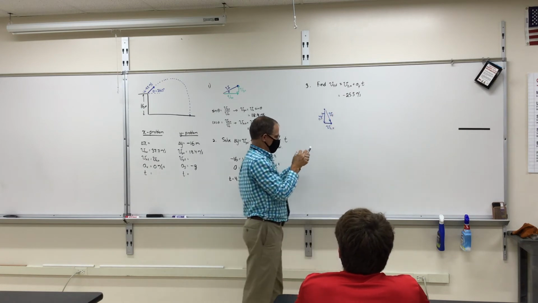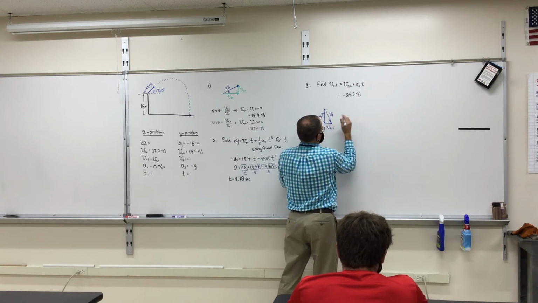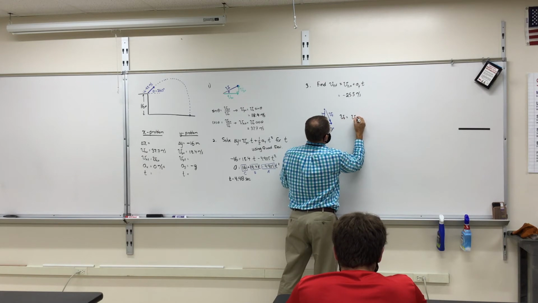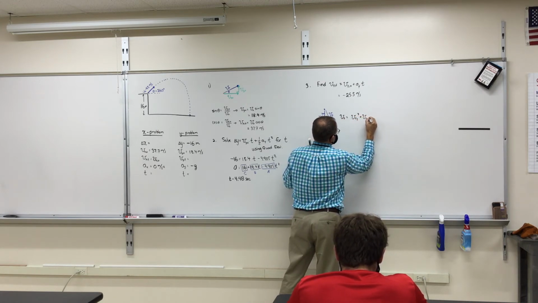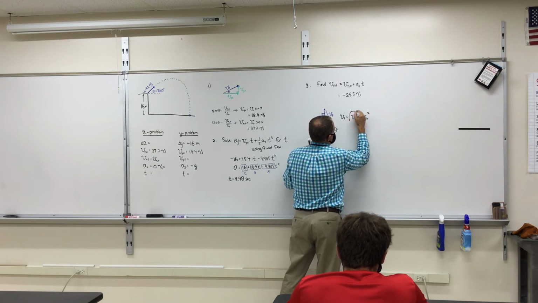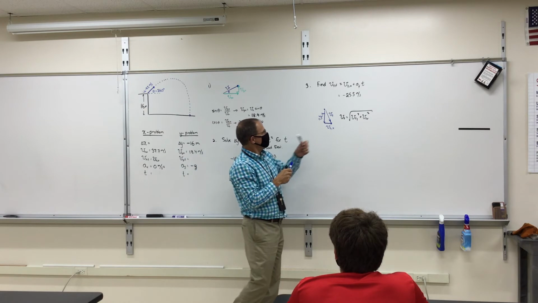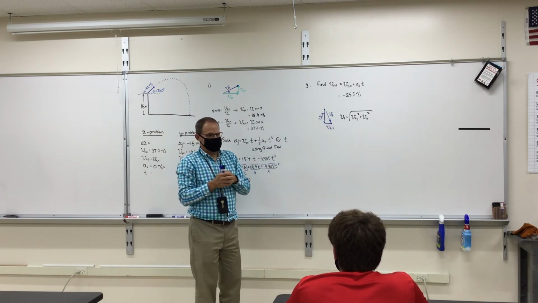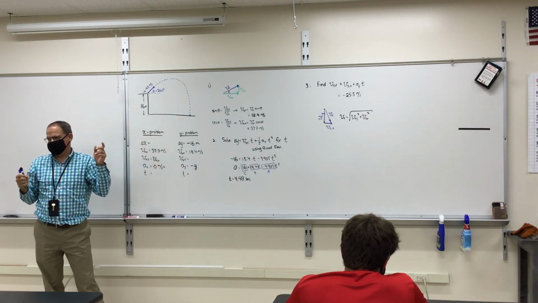So the final velocity will equal the square root of the final velocity in the y direction squared plus the final velocity in the x direction squared. Okay? So what is the final velocity in the x direction? 37.7. It never changed. Okay?